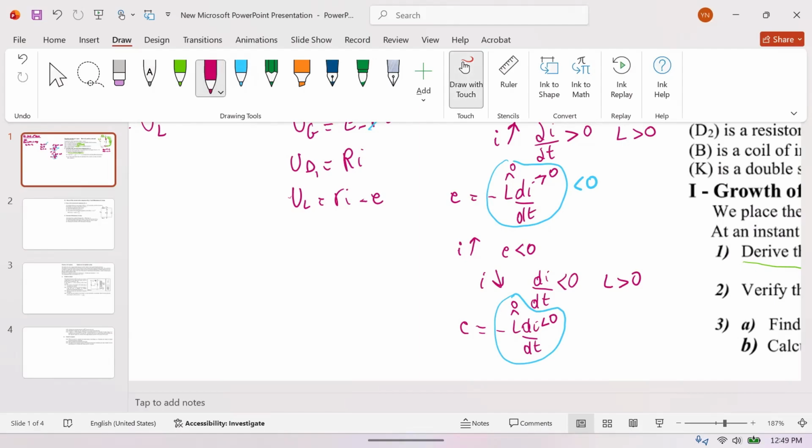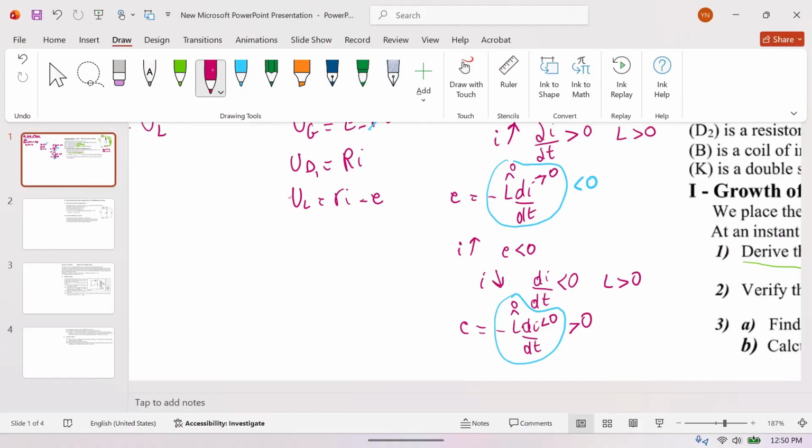Together, they should give a positive value. So here, the coil is supposed to be working with the direction of the current, so it can help it increase because it's decreasing in the absence of a generator. So the formula is really important to be understood.